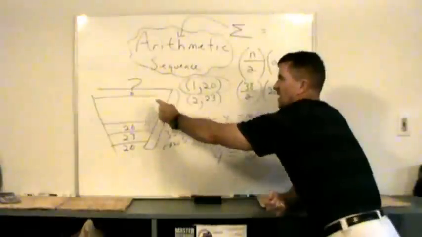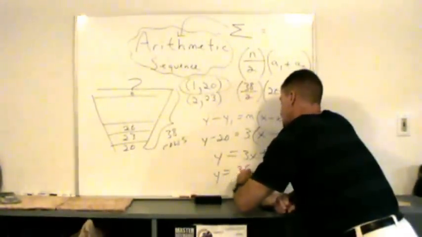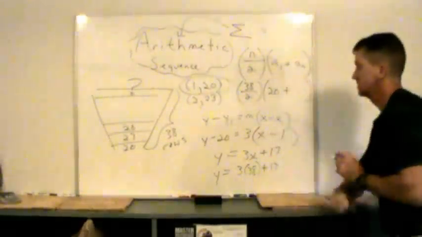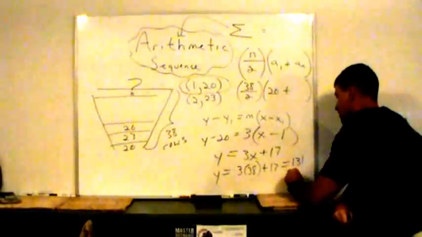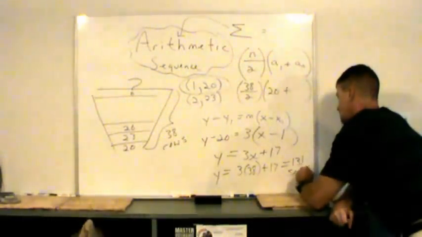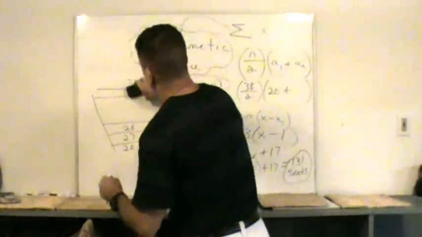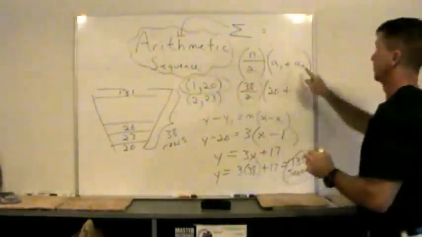I want to know what's in the 38th row. How many seats are in that 38th row? So 3 times 38 plus 17 gives me 131 seats. So now I know there are 131 seats in this last row. I can take off this question mark and finish up this problem, everyone.